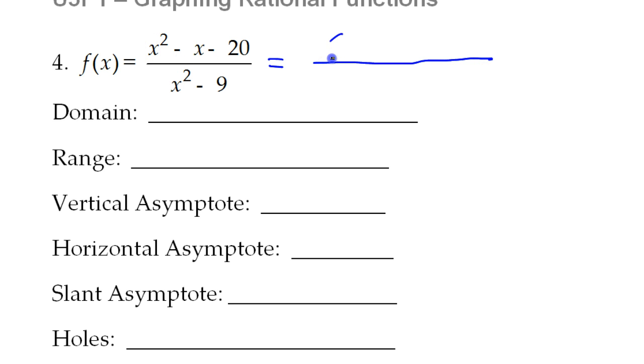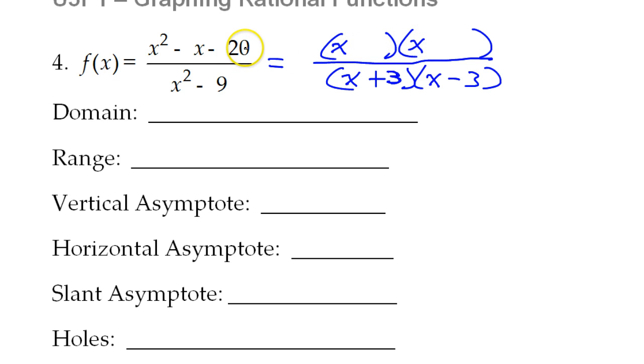So this is going to factor, and this is going to factor. This is the easiest, so let's get that done. So this will be x plus 3 times x minus 3, difference of two squares. Okay, this up here, x squared, we're talking x times x, 20, 4 times 5 is 20.